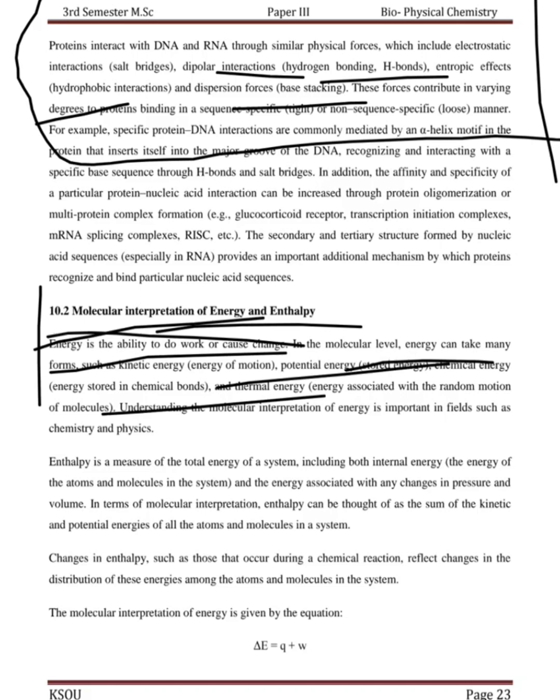Enthalpy is a measure of the total energy of the system. Enthalpy and entropy you should know. Enthalpy is a measure of the total energy of the system, from the initial state to the final state. The initial state is when the reaction is started, and the final state is when the reaction is completed.